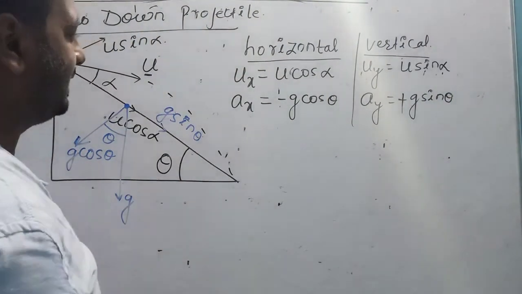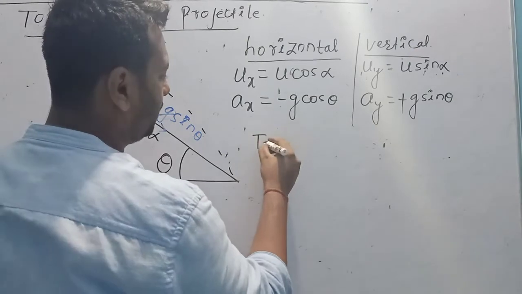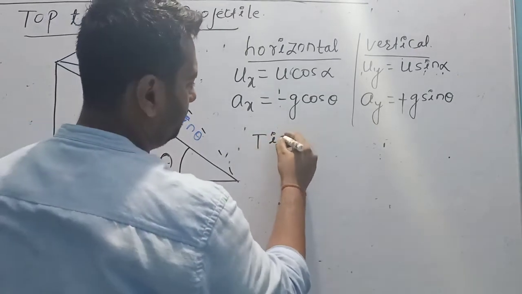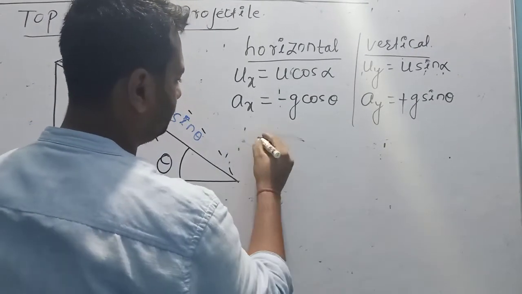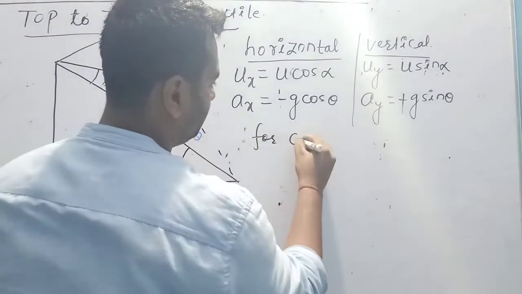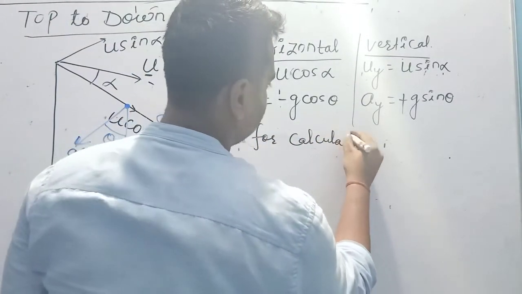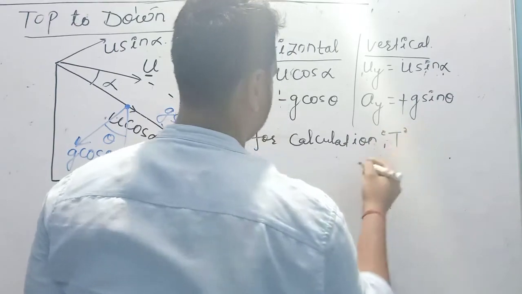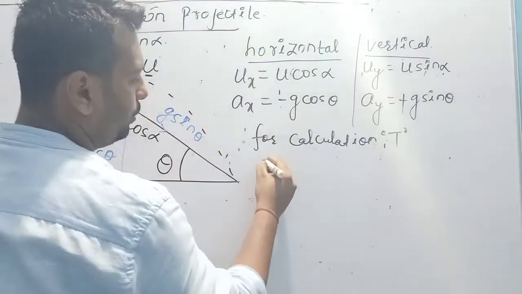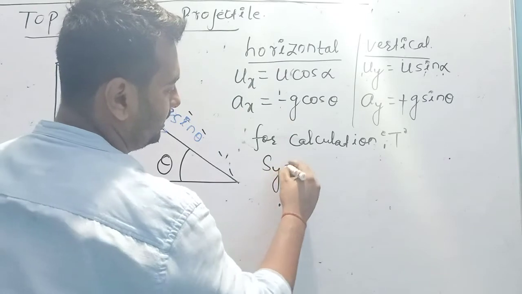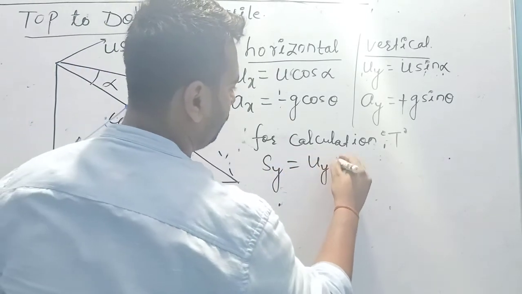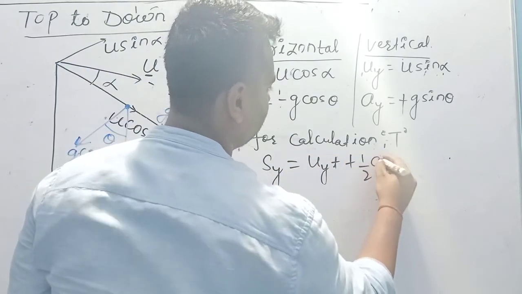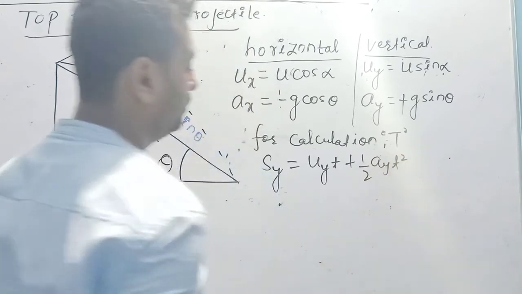So while calculating time of flight, capital T, which formula we have used? This we have used: u y t plus half a y into t square.